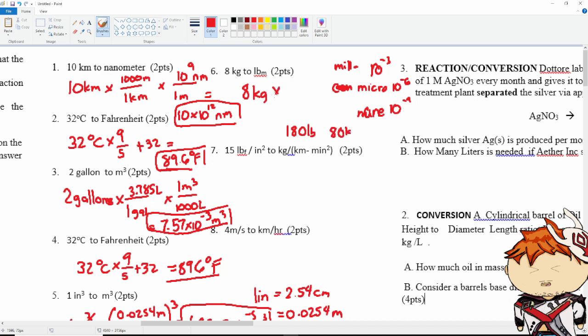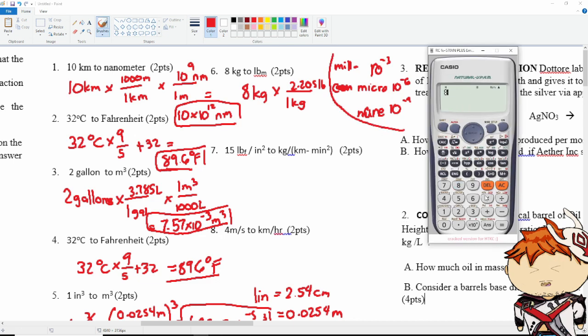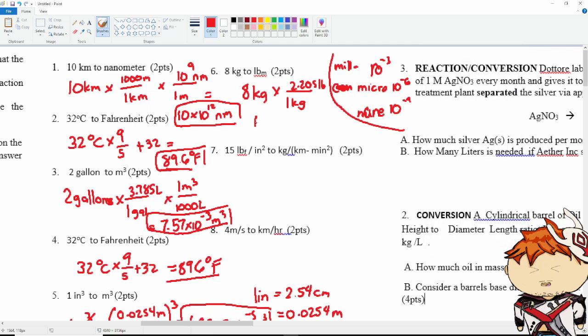So for every 1 kilogram, that's 2.205 pound. The number value is much greater when using pound. So 8 times 2.205 is 17.64 pound mass. That's the answer to number 6.